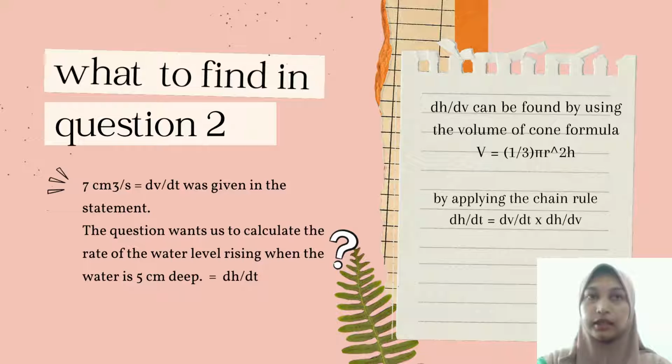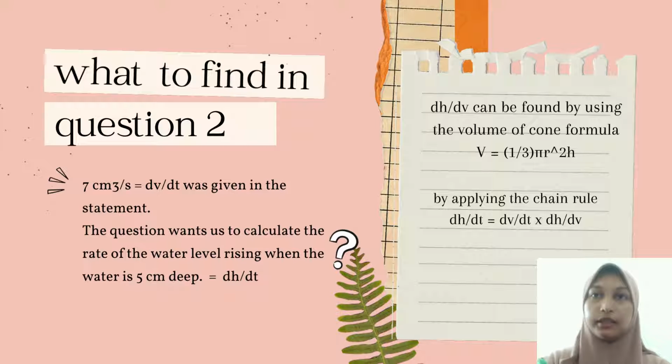7 cm³ per second is equal to dV per dt, and it was given in the statement. The question wants us to calculate the rate of the water level rising when the water is 5 cm deep, which is equal to dH per dt. dH per dV can be found by using the volume of cone formula, V equals 1 over 3 pi r squared multiplied by h.